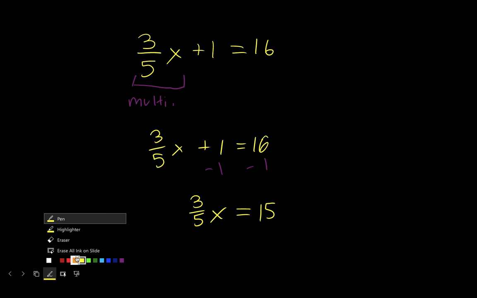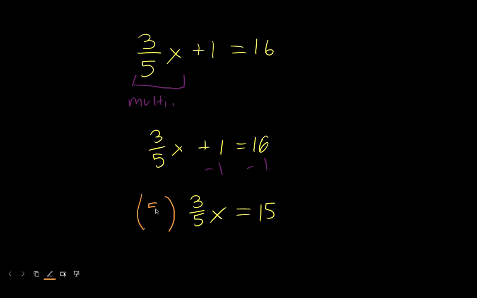So now we're going to do 5 over 3. We're going to multiply it, but reciprocal. Or if it's easier for you, just flip the fraction.